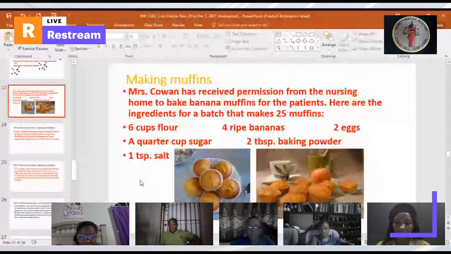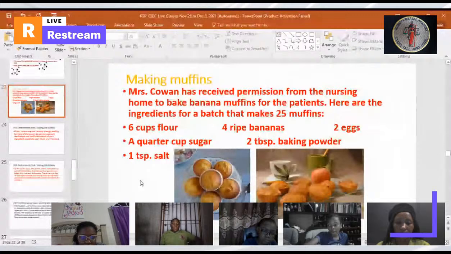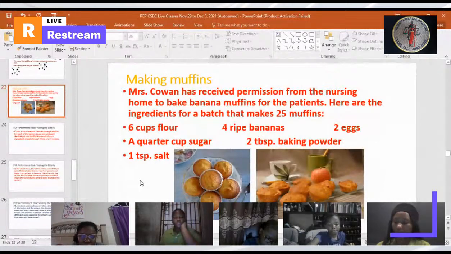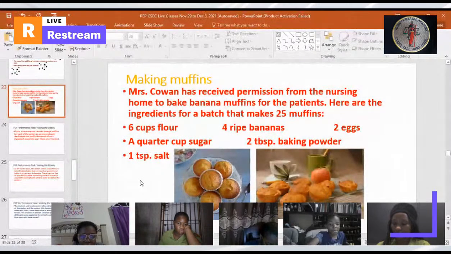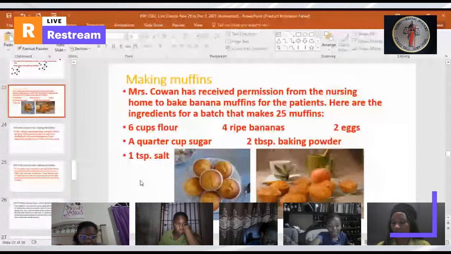Here are the ingredients for a batch that makes 25 muffins: 6 cups flour, a quarter cup sugar, 1 teaspoon salt, 4 ripe bananas, 2 tablespoons baking powder, and 2 eggs.